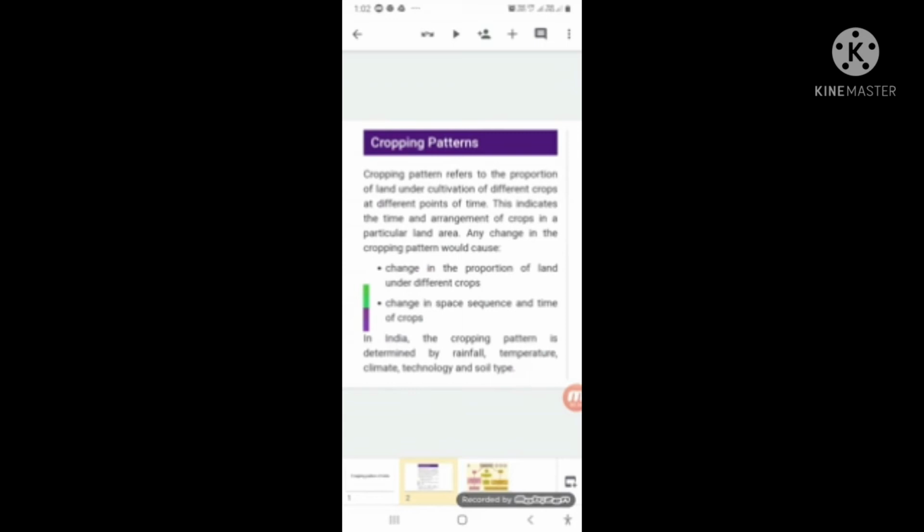That means what is cropping pattern? It indicates the proportion, the part of land, which is under cultivation of different crops at different points of time. Let me give you an example.